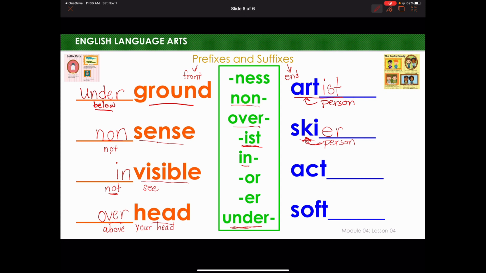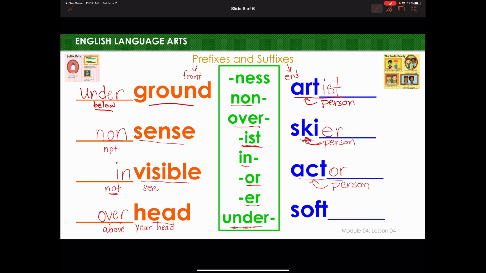That's something I've always wanted to do, but I have not done yet. Same thing with the suffix or. Sometimes or can sound like or, or it can say just like er. In this case, it's going to say er. So I have an actor. An actor is a person who acts, like in movies or plays.